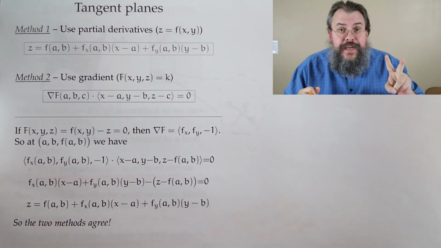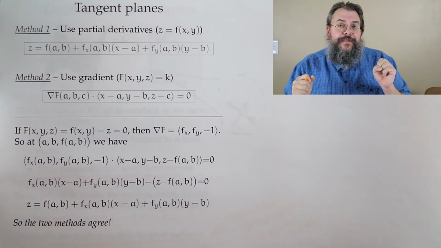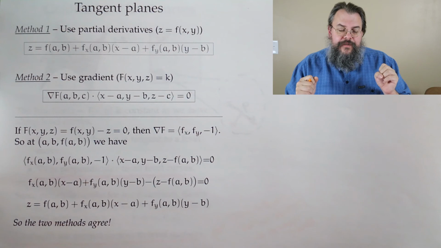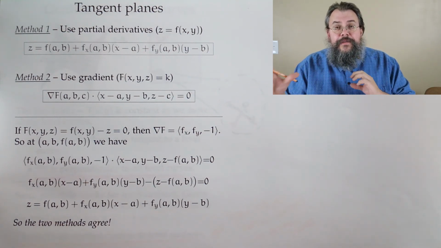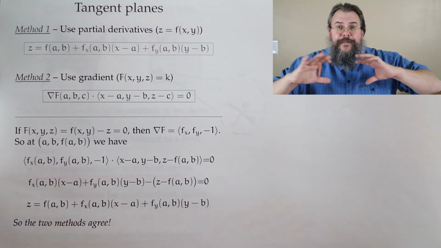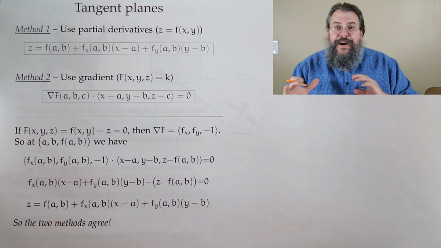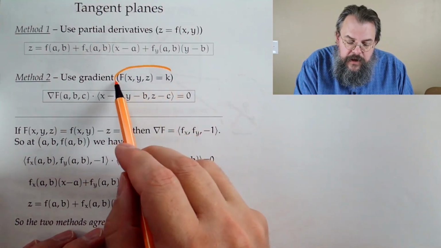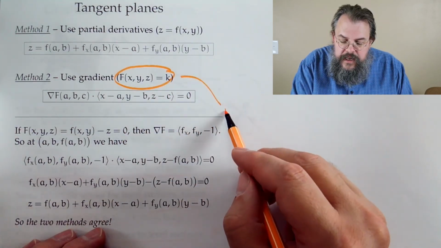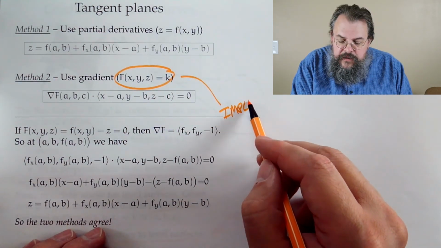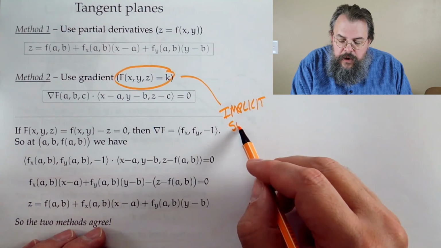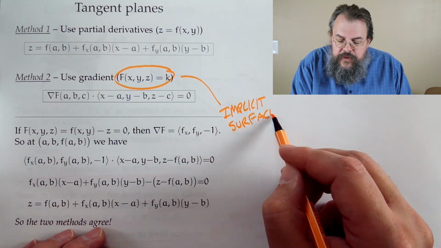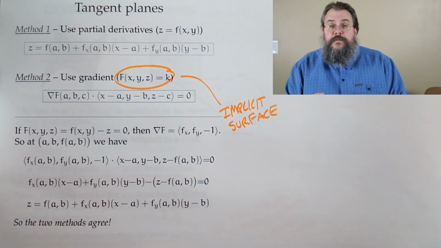Method 2 says, well, wait, what if you have a crazy surface? So it's not like z equals f of x, y, but maybe it's like F of x, y, z equal to some constant k. And we've seen expressions like this before. You might think of this as an implicit surface. In other words, this is a case where we can't actually solve for z equals something.